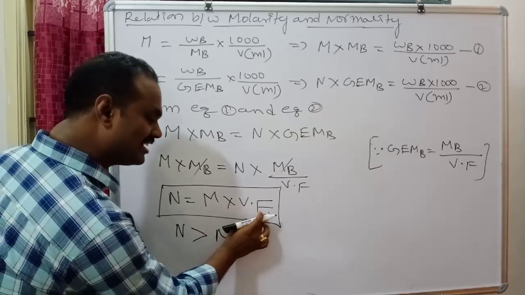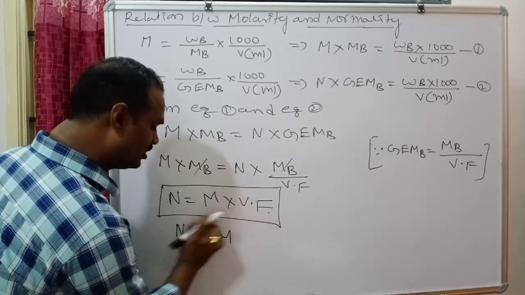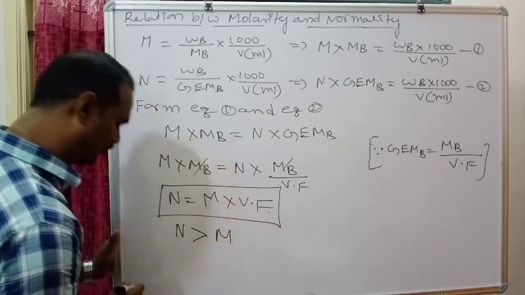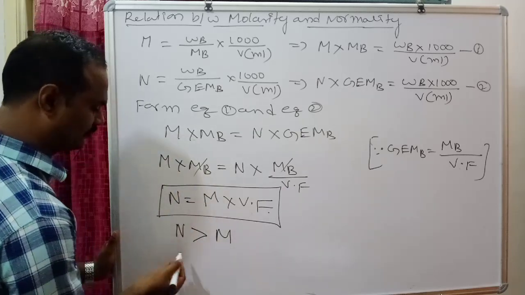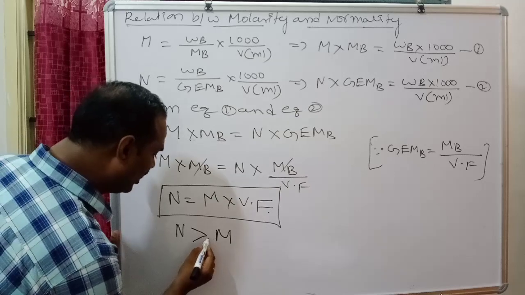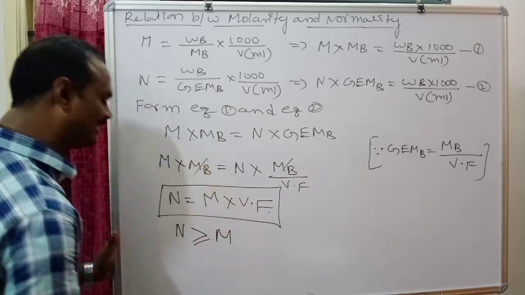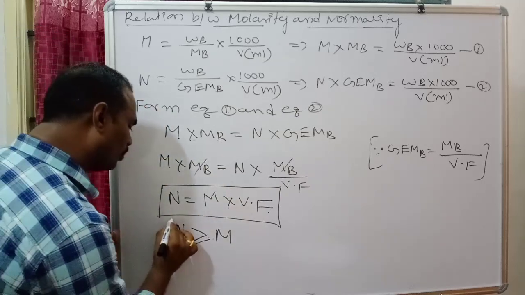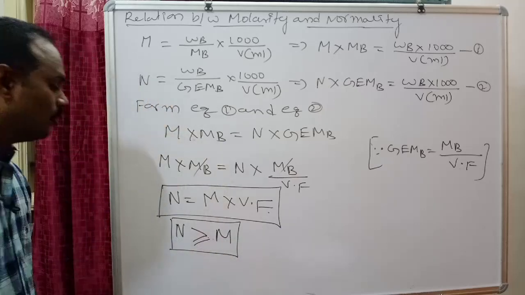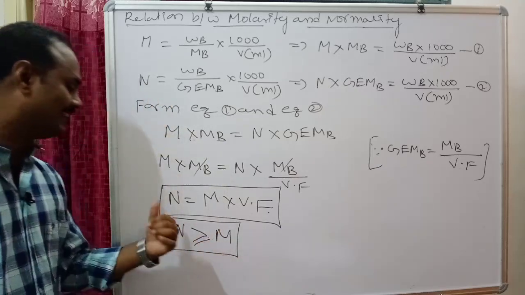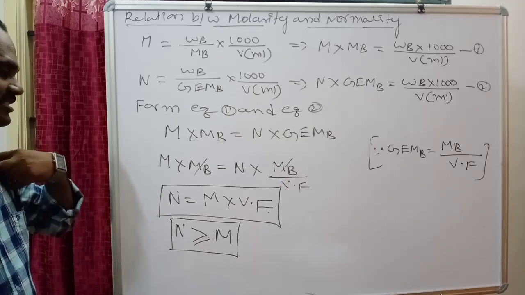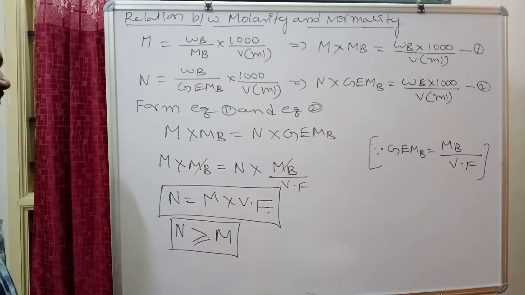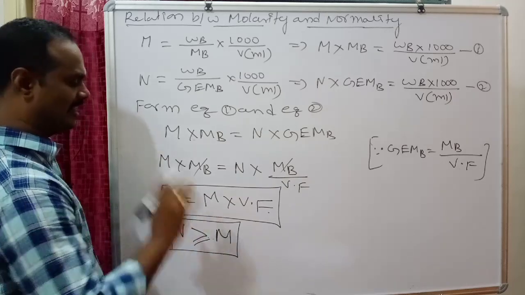When the valency factor is 1, both are equal. Therefore, for a solution, normality is greater than or equal to molarity, but molarity is never greater than normality of a solution. This is the condition, and this is the relation between molarity and normality.